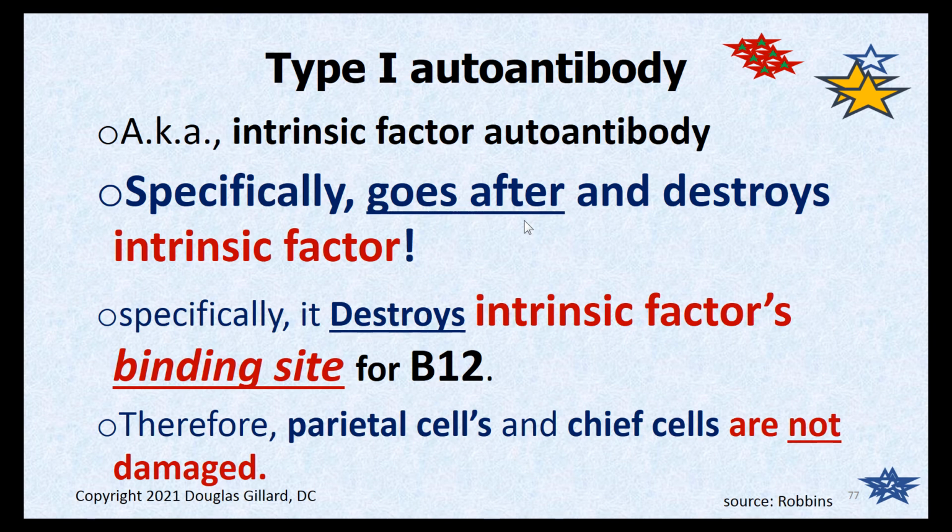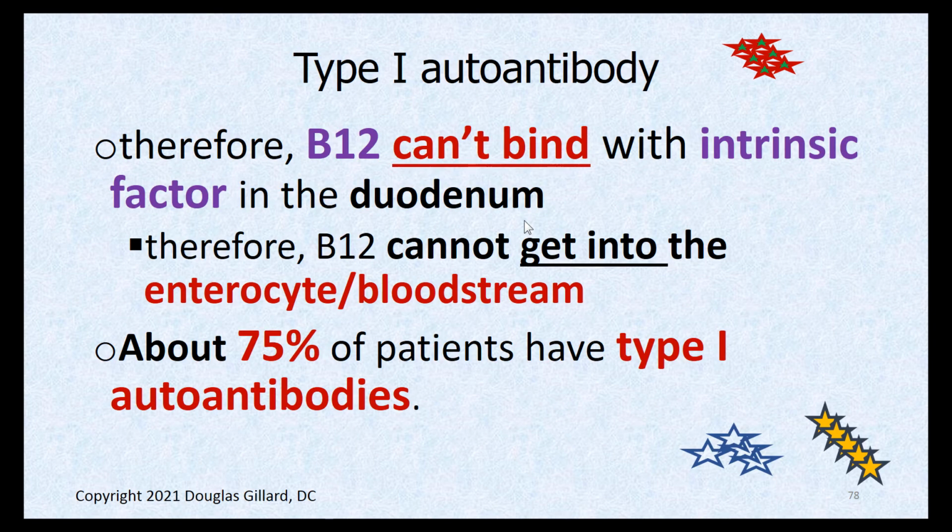But without intrinsic factor, you're going to get vitamin B12 deficiency, because we know from the last lecture that you need intrinsic factor coupled with vitamin B12 to be properly absorbed or bind to the cobalamin receptors. Parietal cells and chief cells aren't affected, so therefore pepsinogen, hydrochloric acid will be normal. Watch out for questions like that.